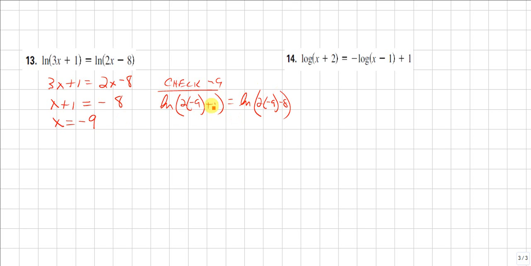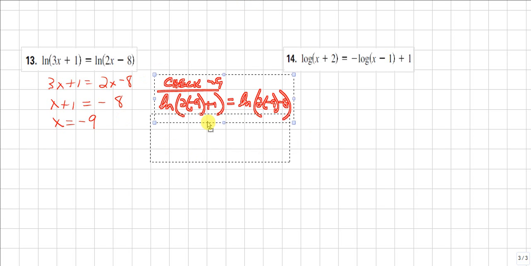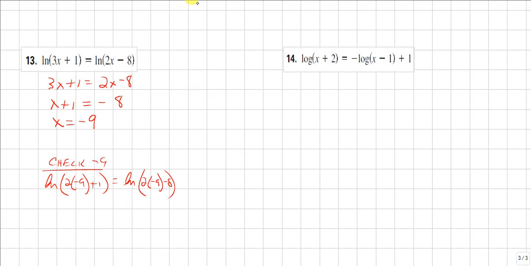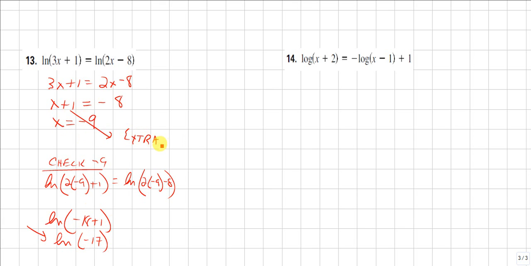And what you can see is that in both those cases, this part here is going to be ln of a negative 18 plus 1, which would be the logarithm of a negative 17, and I'm taking the logarithm of a negative number. So that's not going to be a good solution. So the only solution that I got, x is equal to a negative 9, doesn't work because it gives me a logarithm of a negative number. So that would be extraneous, and this particular problem would have no solution.